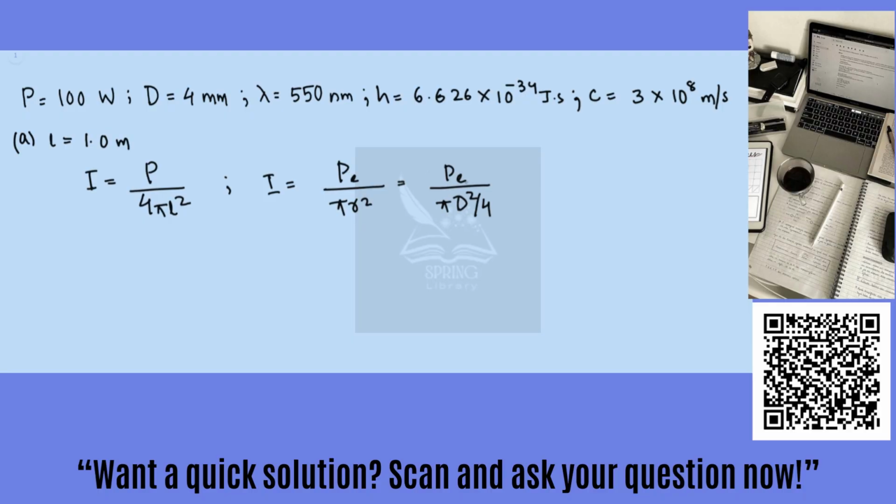Now this power is different from this power, and so are the two areas. So this is the power in the visible spectrum, and this is the surface area of the whole sphere. So this power is getting distributed over this whole area, and the intensity reaching the eye is also equal to the total intensity, and this is equal to the power entering the eye over the area of the pupil, which is pi r square.